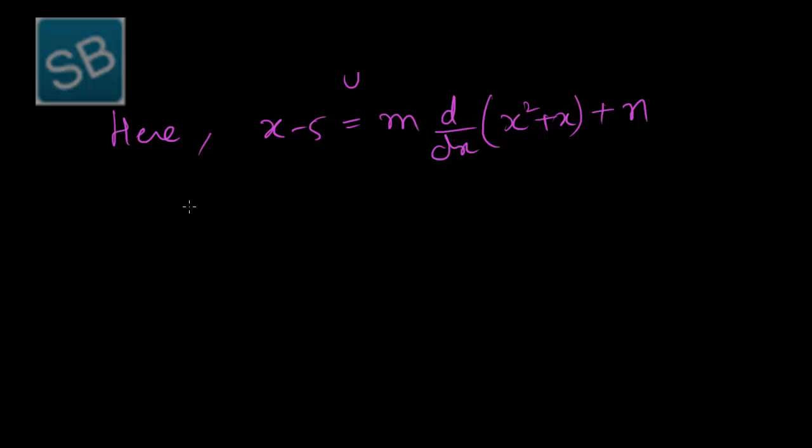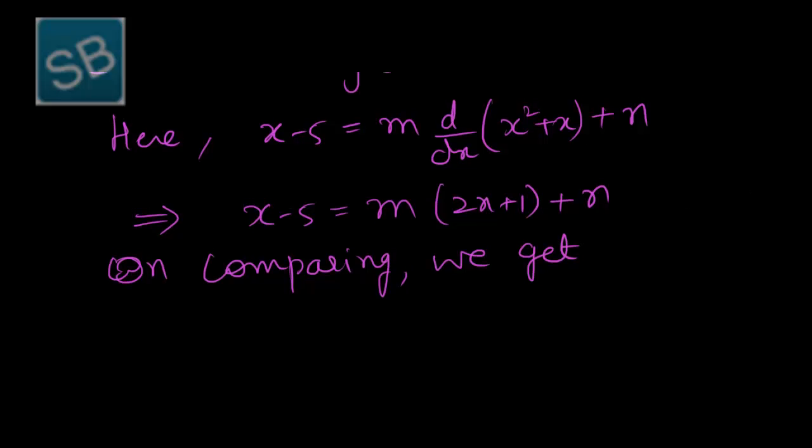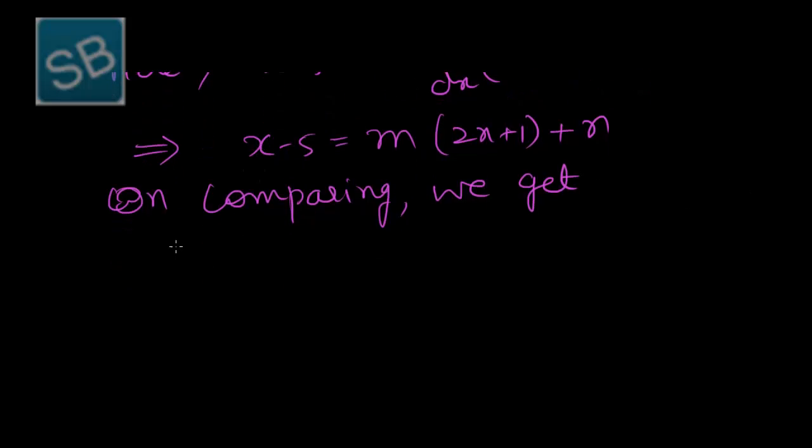So here we get x minus 5 is equal to m times 2x plus 1 plus n. So on comparing the coefficients, here the coefficient of x is 1 and here 2m. So we get m is equal to half.